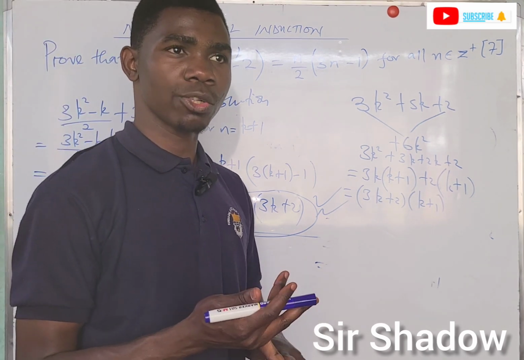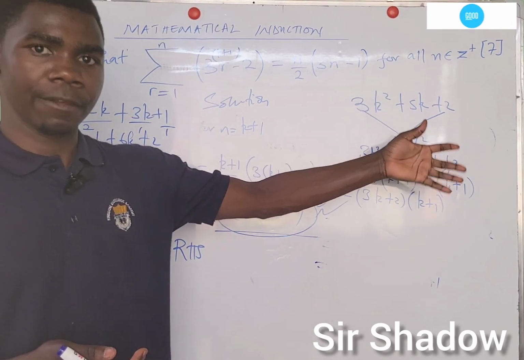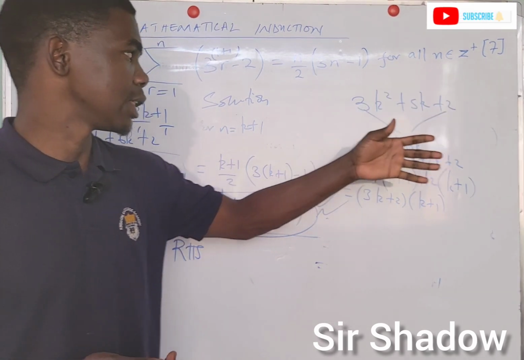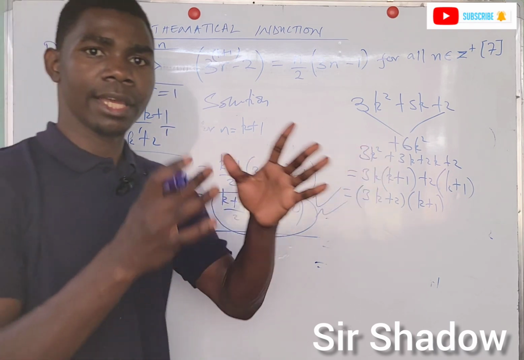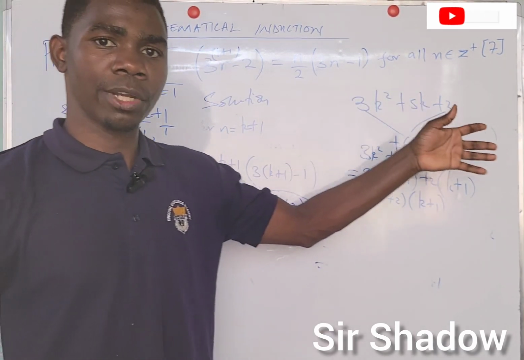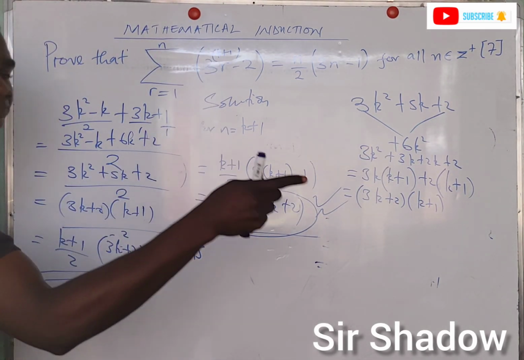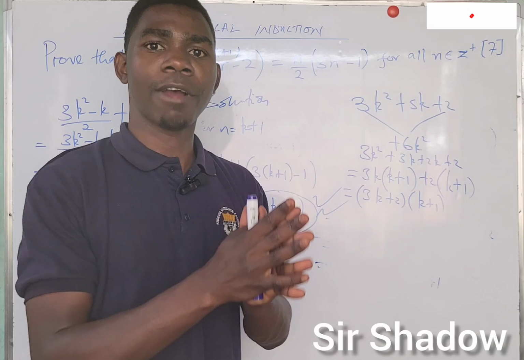So we have assumed true for n is equal to 1, true for n is equal to k, true for n is equal to k plus 1. Then we have taken the proof stage where we take the expression on the right hand side where we assume true for n is equal to k, then add the k plus 1 the term, where you substitute k plus 1 here to find the k plus 1 the term. Then add, then simplify.